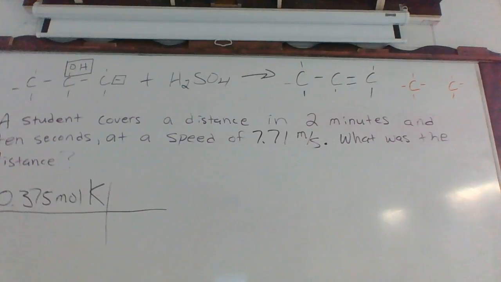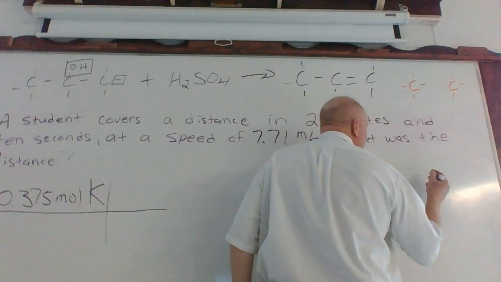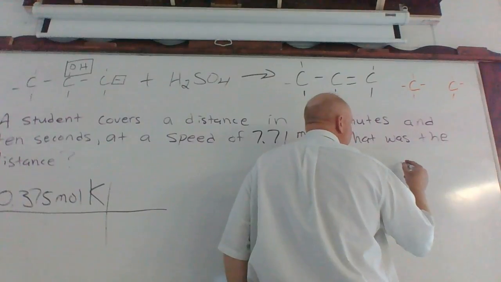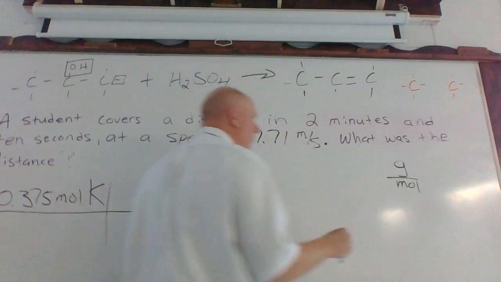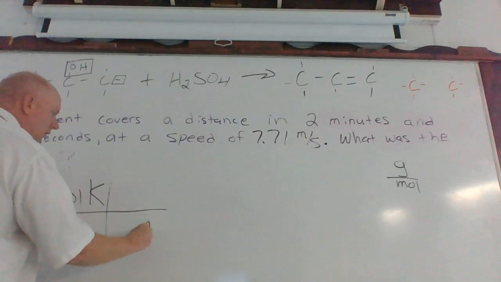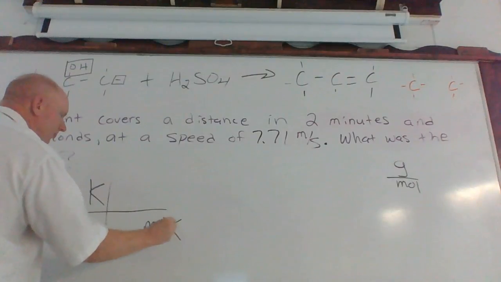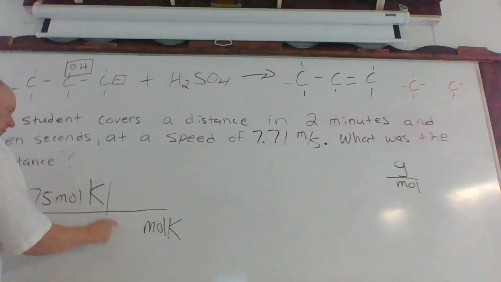Because sometimes we're going to see when you start with grams, you're going to be putting it on the bottom. This is what I'm talking about. In this step, we are going to be dealing with grams per mole. Okay? Because remember, we want that mole to cancel out in this step, correct? Okay? So for every mole of potassium, how many grams do we have?